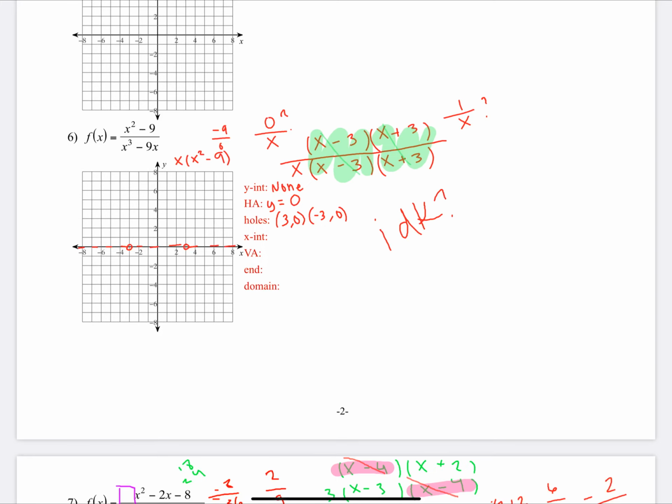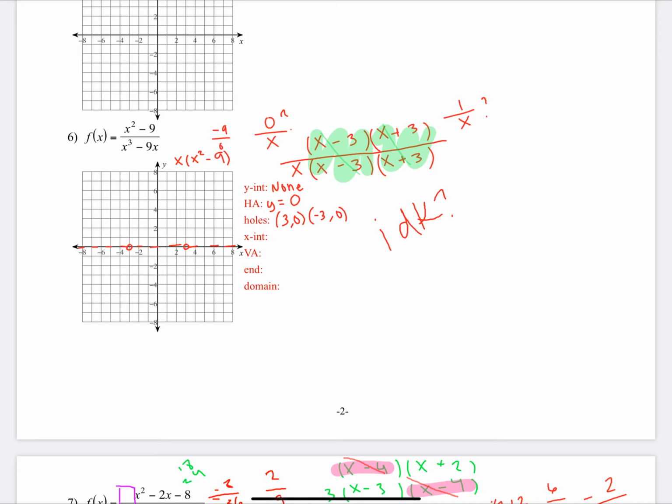And then you also have number 6. On number 6, you said everything does end up canceling out, which actually means there are 2 holes in the function. And you kind of have a start there. That's great. When you factor it, you have x minus 3.